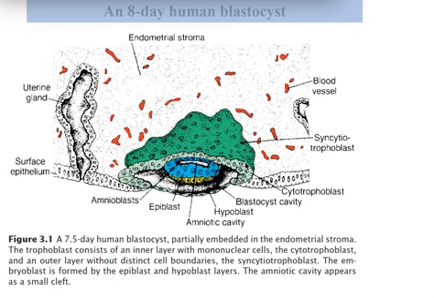Over the area of the embryoblast, the trophoblast has also differentiated into 2 layers: the cytotrophoblast, the inner layer, and the syncytiotrophoblast, the outer layer.